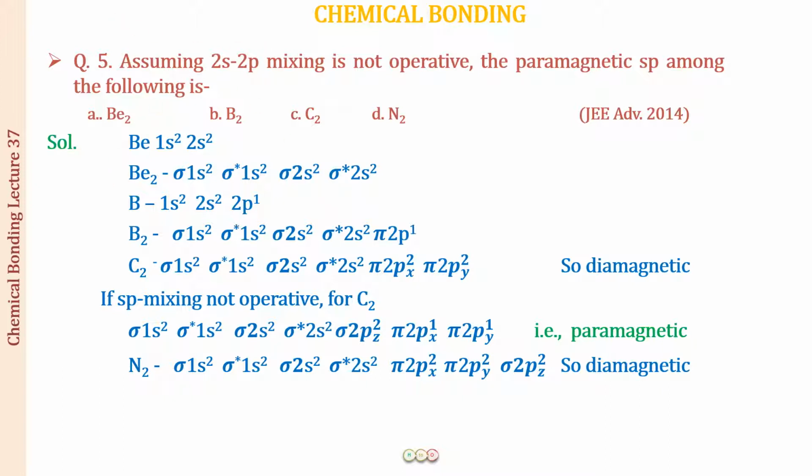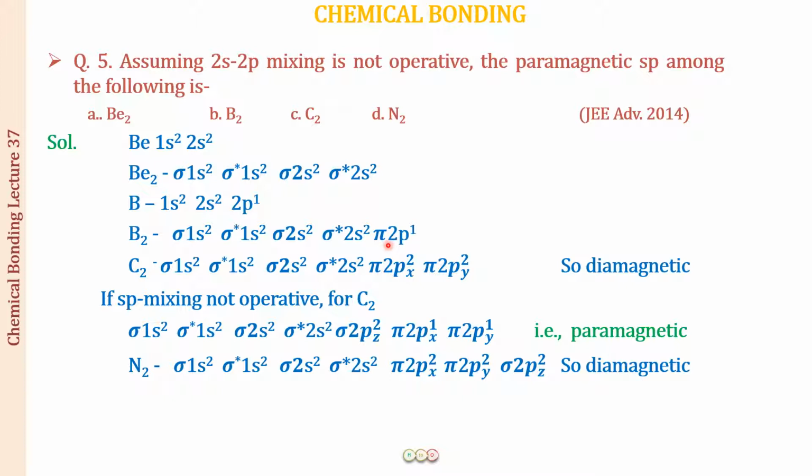Then we move on to the boron atom. Here the electronic configuration is 1s2, 2s2, 2p1, and for the molecule we will have sigma 1s2, sigma star 1s2, sigma 2s2, sigma star 2s2 and pi 2p1. Yes, we do have 2s and 2p orbitals, but had this not been an sp mixing, what would we have put here?